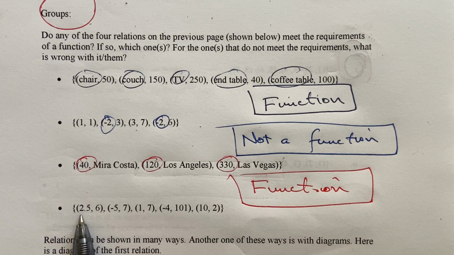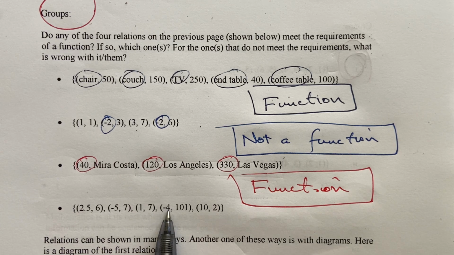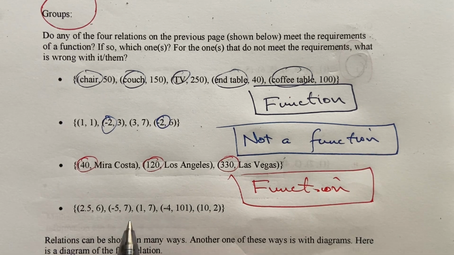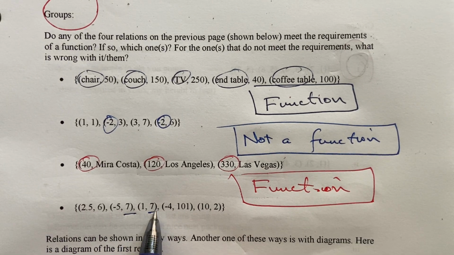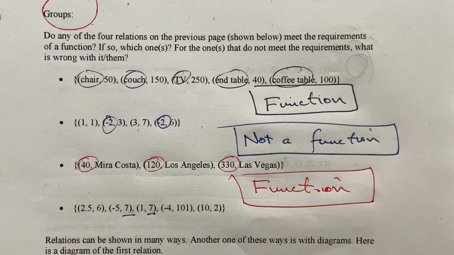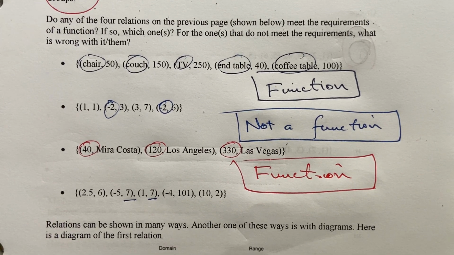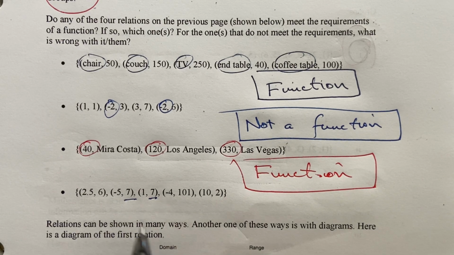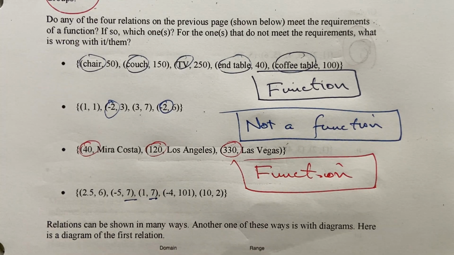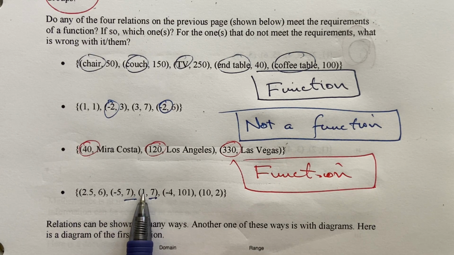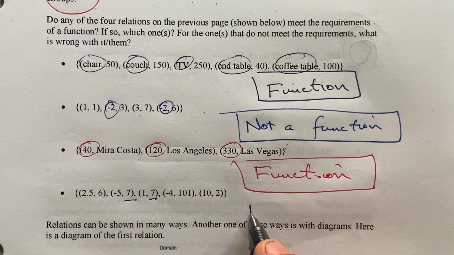Here, 2.5, -5, 1, -4, 10, we're in a situation where we have a repeat in the range, but that's okay. Nowhere in the definition of a function does it say that you can't meet at the same place. We just can't have one domain entry going more than one place. It's okay to meet at the same place. We're not allowed to go to 2 places at once. So there's no duplicate in the domain, so this must be a function.